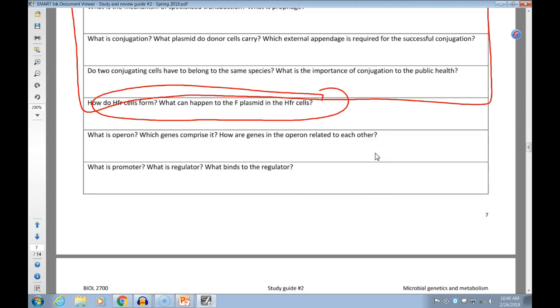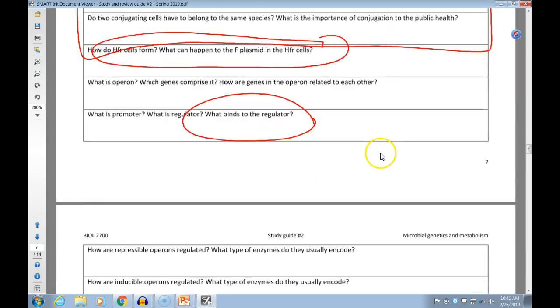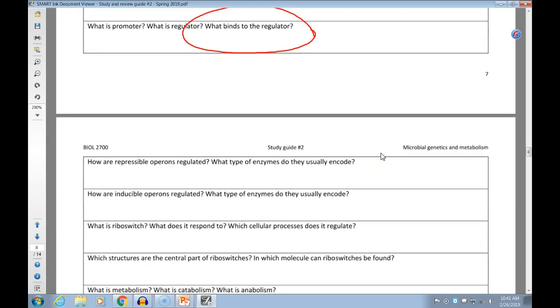Now for operons, know what structural genes are: operator, promoter sequence. You should be able to answer the question, what binds to the regulator? Repressor molecule. You also should be able to recognize the mechanism: if I give you a description of the operon, you have to recognize if it's inducible or repressible.